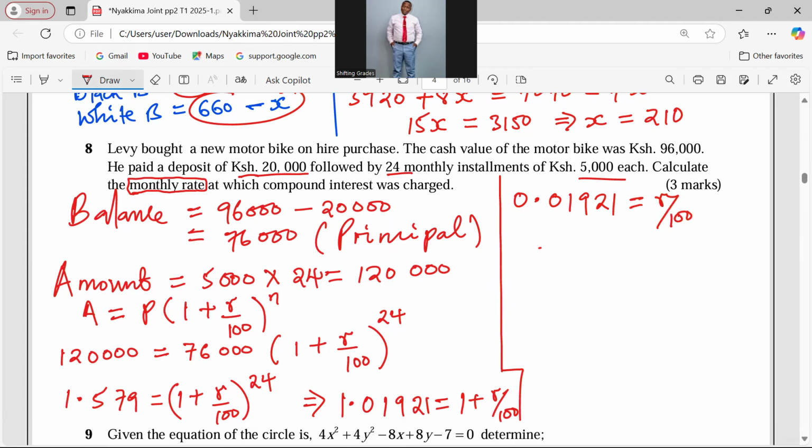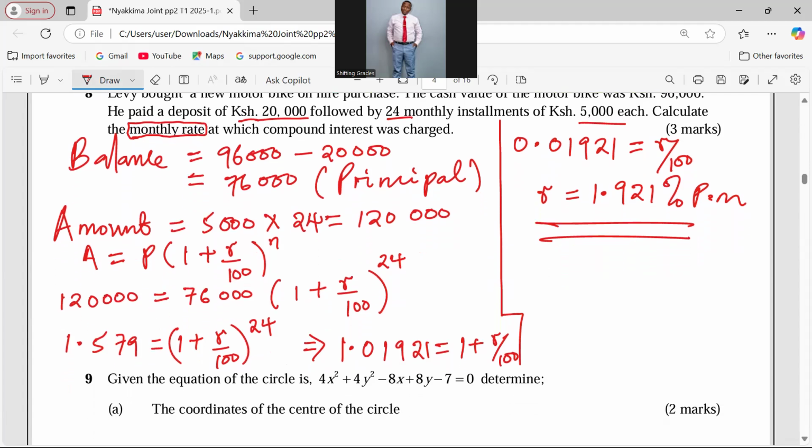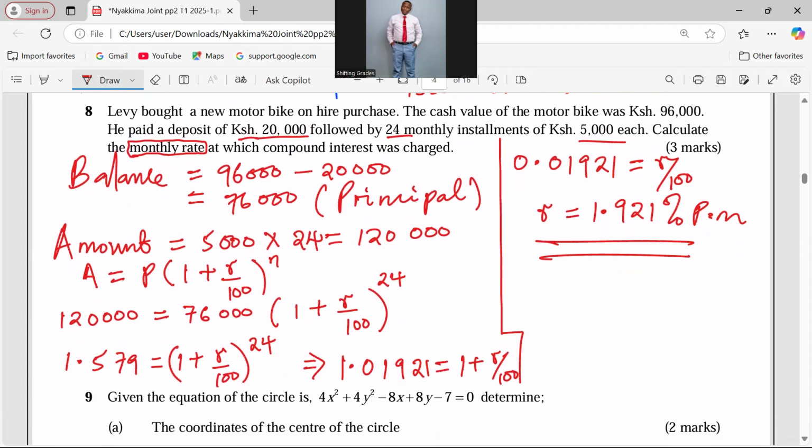So to remain with r now, we have to multiply by 100. And for this case, we shall have a rate which is 1.921, and this is percent per month. That is how we work out such a problem.